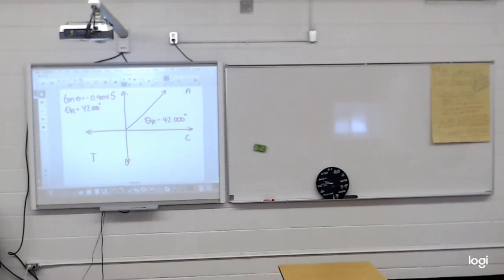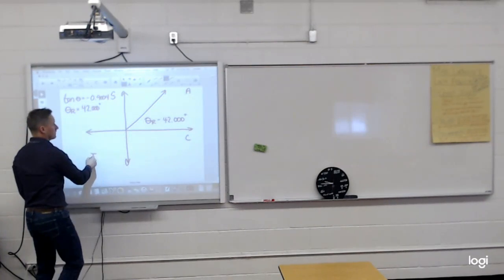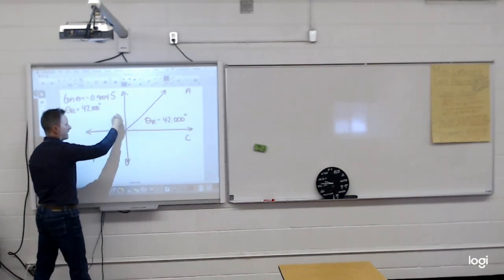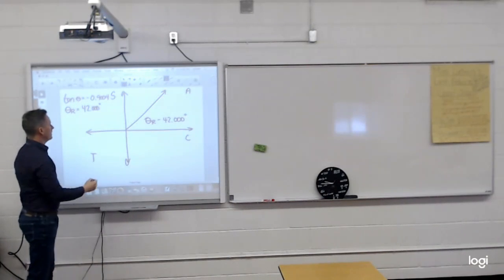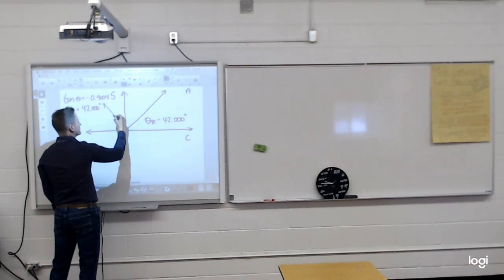Because what are the only two quadrants it's positive in? 1 and 3. So it's got to be negative in the other ones, right? T stands for tan. So it's positive in this quadrant, and it's positive in that quadrant. So it's negative in the other two. Okay? So my reference angle is 42 degrees.